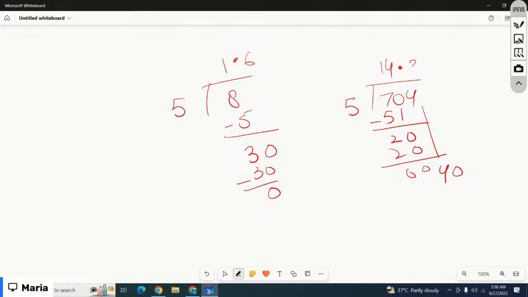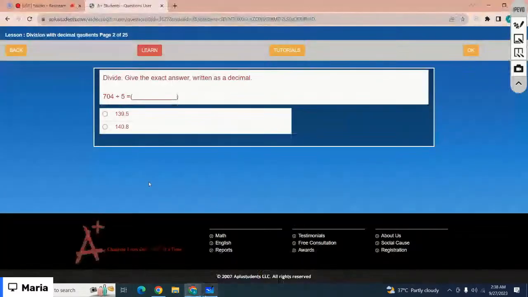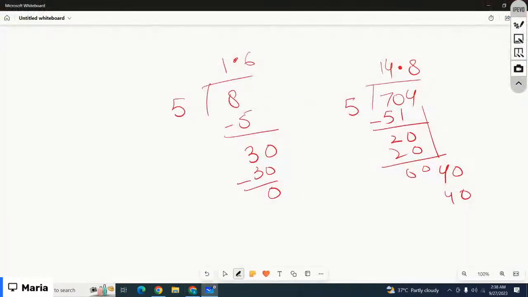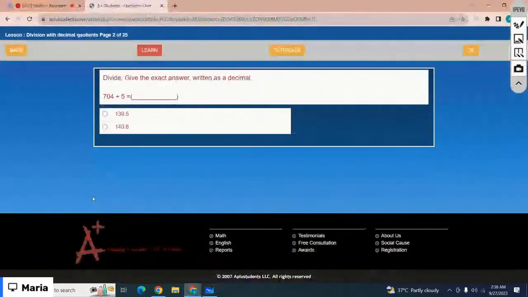It would be 5 times 8 is 40. Now I think that is 140.8. Yes, 140.8. We can go for 5 times 0 here. 5 times 0 is 0. Then that would be 140.8, right? The correct option is 140.8.